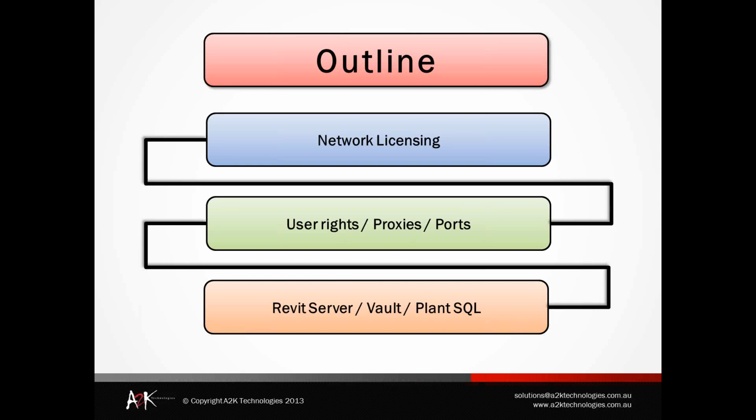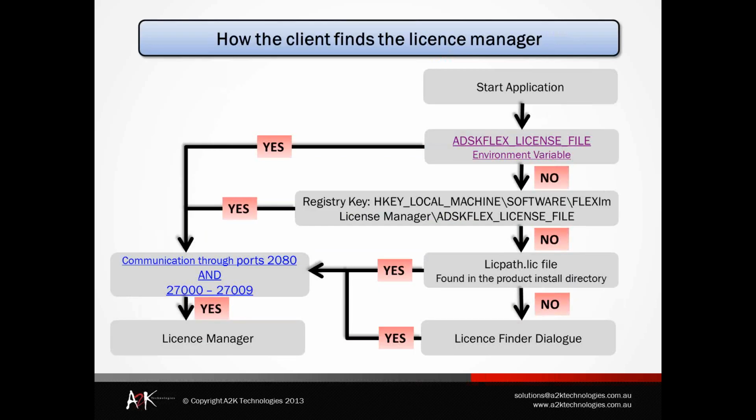So basically, most larger offices will have network licenses. So you'll be using the LM tool to distribute those licenses. What I want to have a look at here as a starting point is how the client or the workstation finds the license manager and how it obtains its license from the license manager.